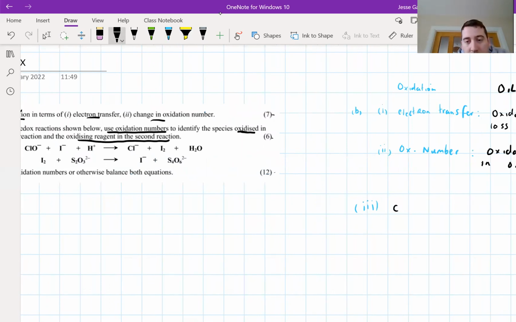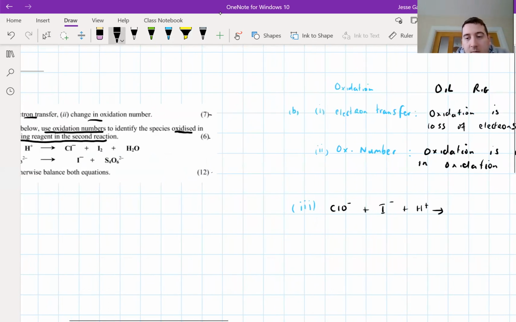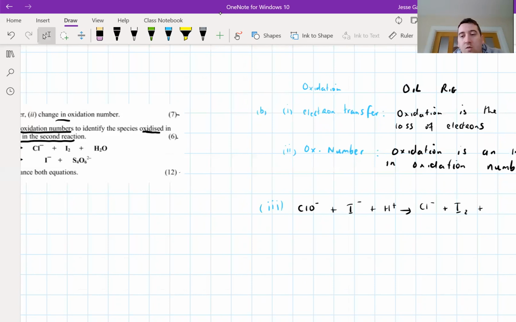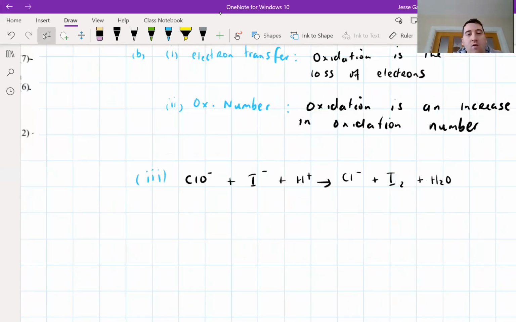We started with ClO- plus I- plus H+ reacting to give Cl- plus I2 plus H2O. All right, it said to use oxidation numbers to do this, so the first thing I want you to do is assign oxidation numbers to everything in that equation. Pause the video, do that now.